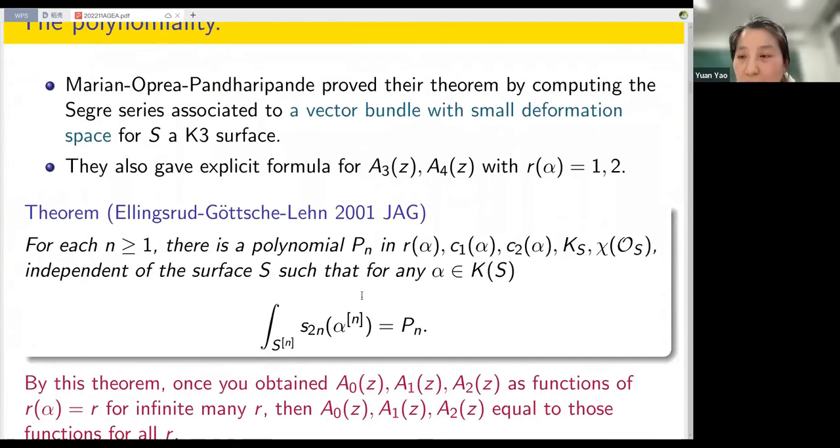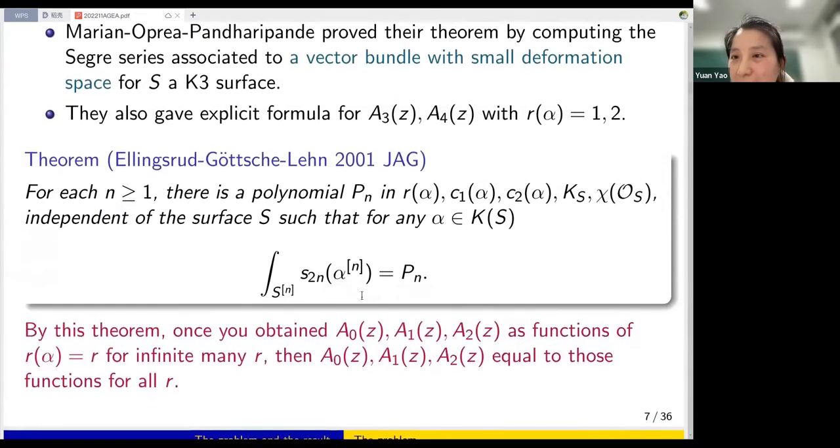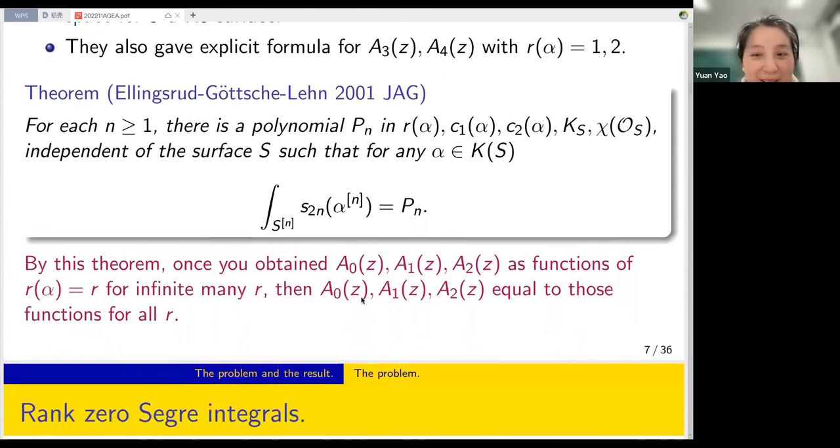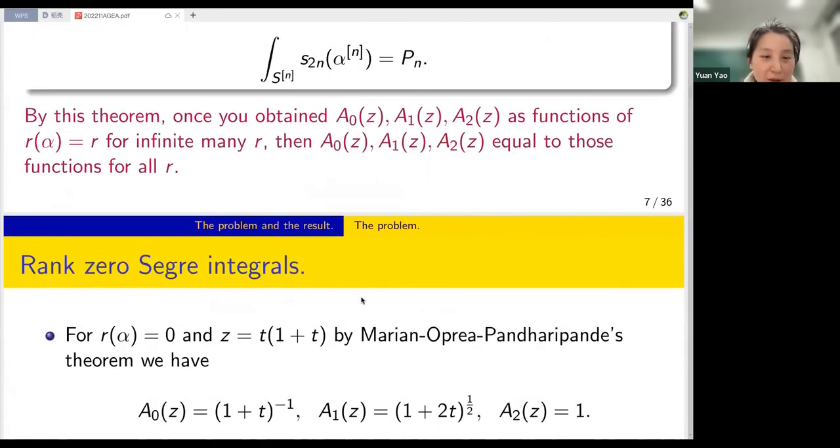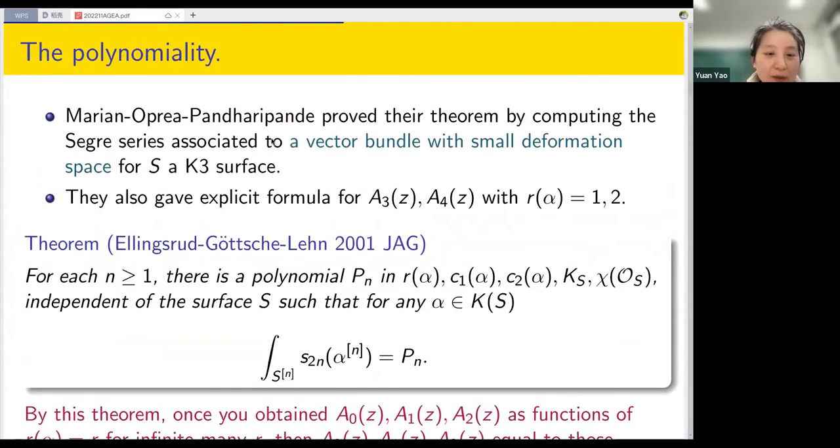Yes. So, any question? Okay, so let's go on. Marian, Oprea, Pandharipande, in their paper, also give an explicit formula for A3, A4 in the rank two case.